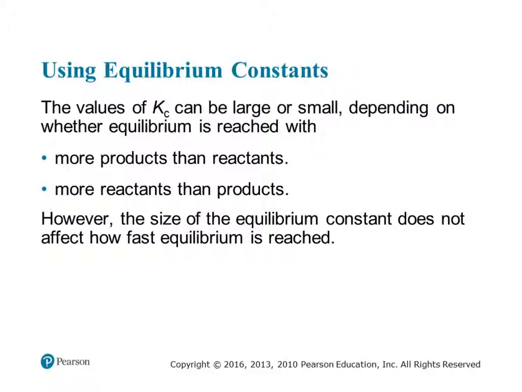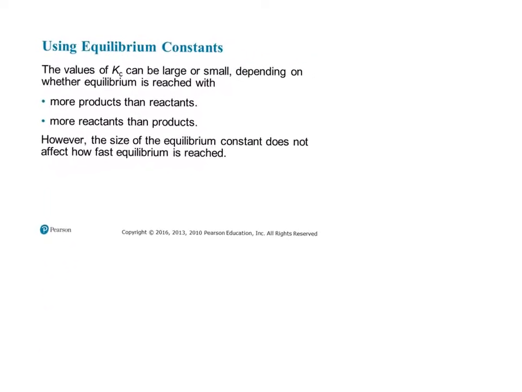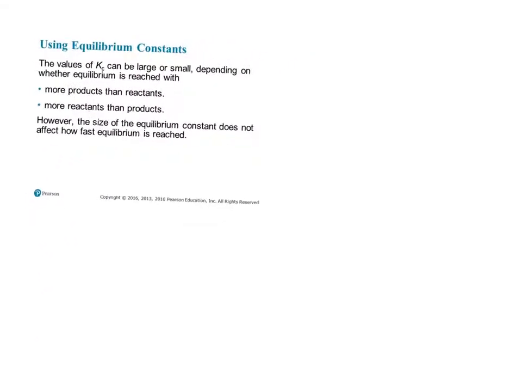The values of the equilibrium constant can be very large or very small. One has more product or one has more reactant. Let's take a look here. Remember that the equilibrium constant is the ratio of products over reactants.